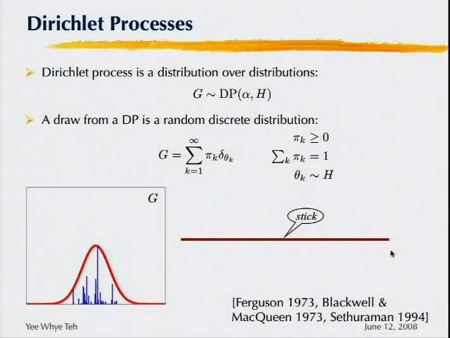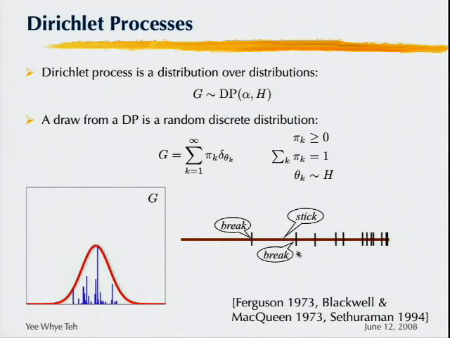For the stick breaking construction, you start off with a stick of length 1, and you break it at some point, say here. The length of this bit of the stick now is going to be your pi 1. Then you take what's left of this stick and you break it at some point again, here. The length of this segment is going to be pi 2.